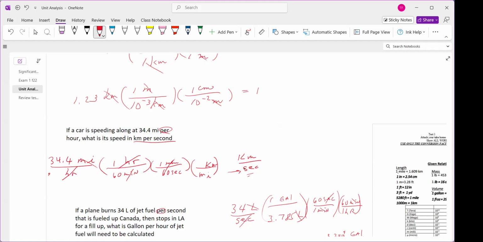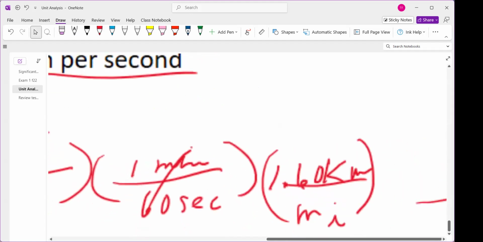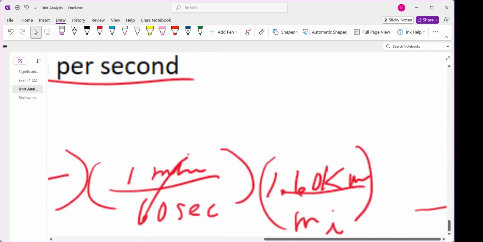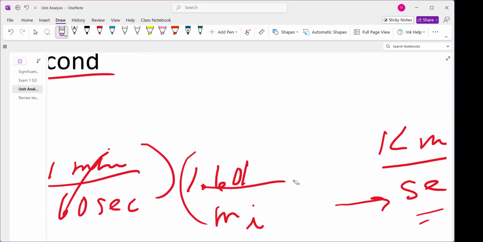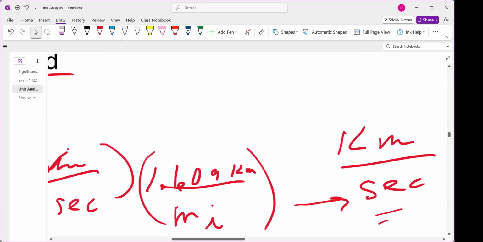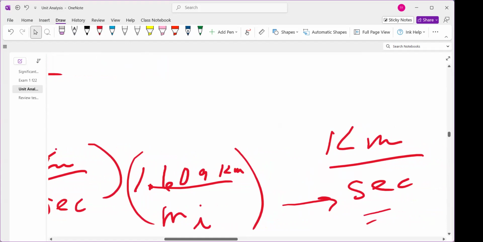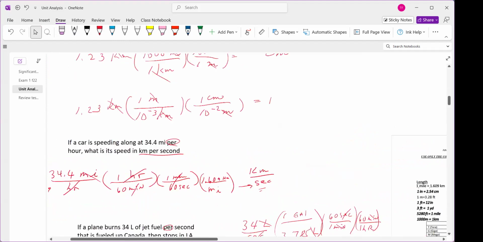Yes. Now our miles cancel here to here. Notice I skipped about 3 of those fractions.